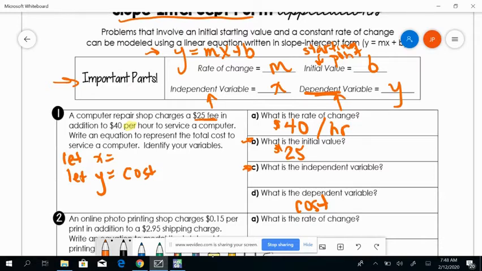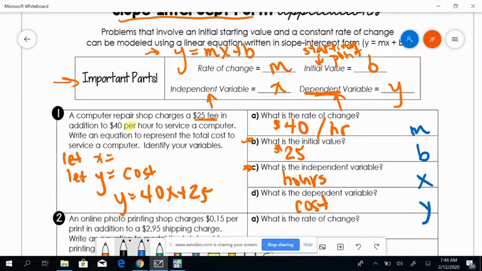The only other thing that's left here, the thing that's my independent variable that's changing all the time that affects the cost, is my hours. So my actual equation here is y equals 40x plus 25. Because I'll just go through and we can go down and label what each of these things are. My rate of change is m, my initial value is b, and my independent and dependent are x and y.